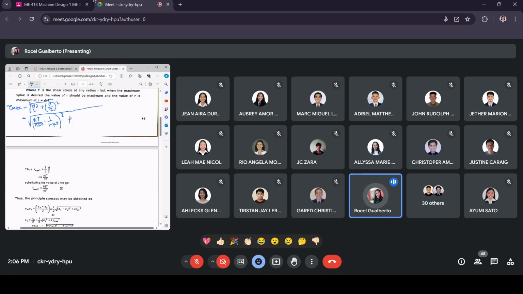Plus sigma, 32M over pi d cube, times 1 over 1 minus k to the fourth, divided by 2, and then you have to square this one.